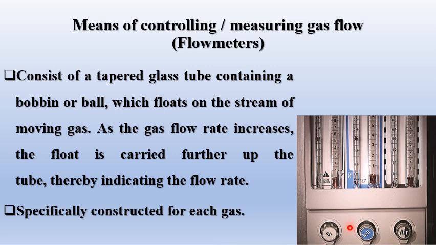Like here, this is the oxygen flow control and this is the oxygen flow meter. As the gas flow increases from 1 to 2 to 3 liters per minute, the float rises. Flow meters are specifically constructed for each gas: oxygen, nitrous oxide, and air.